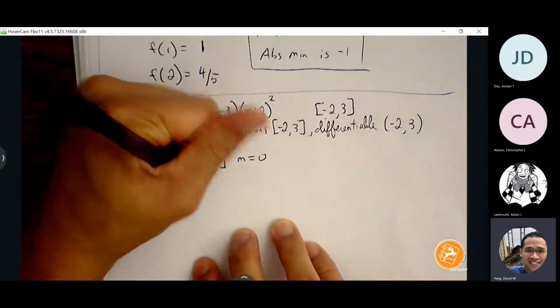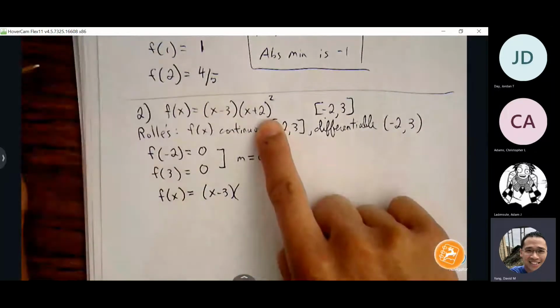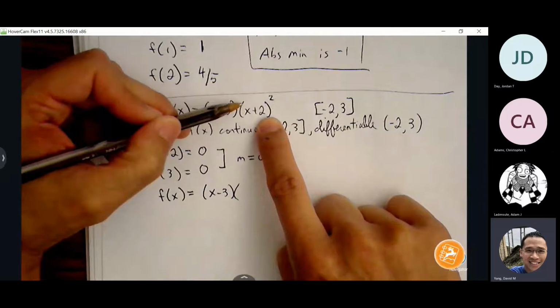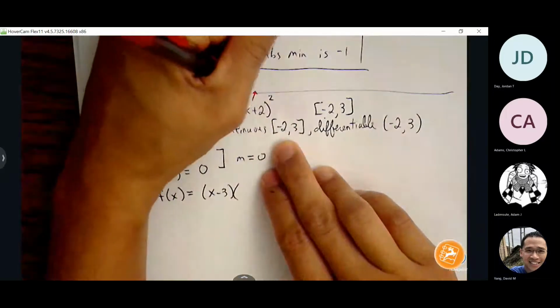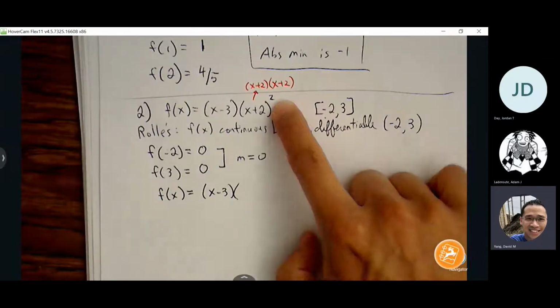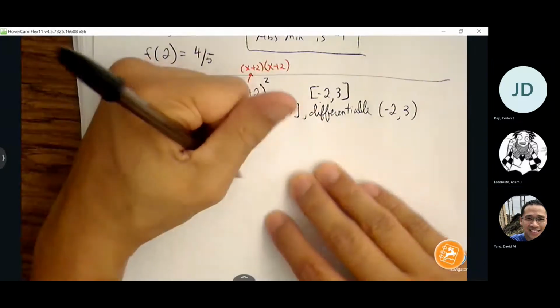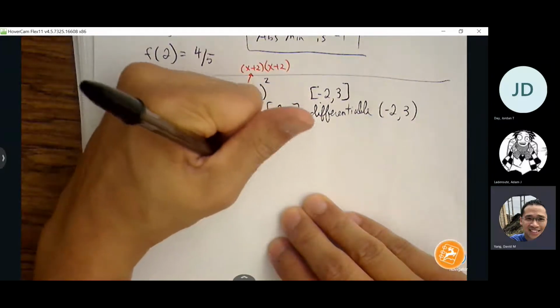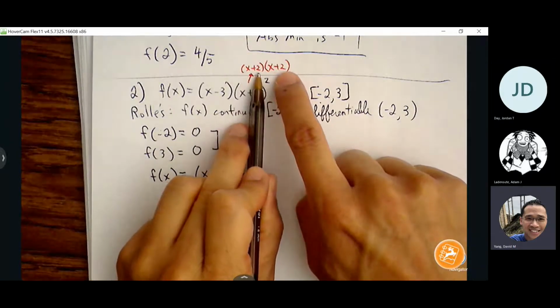So I'm going to keep that x minus 3 for now. I'm going to expand or FOIL that x plus 2. Make sure you write this out twice, right? That's x plus 2 times x plus 2. We don't just distribute the 2 through, because if we do that, we're going to miss out on some of the terms. So x squared plus 2x plus 2x plus 4.